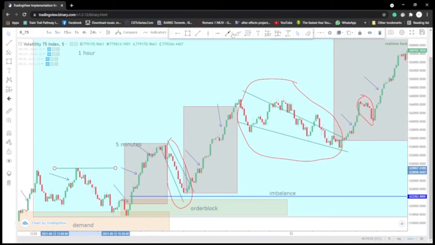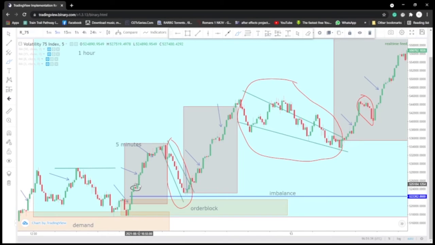Some of you would take this one. Yeah, sometimes, but I wouldn't take that one. You know why? Because it never started a trend. This is what started a trend. Yes, it does qualify as an order block. On a higher time frame, you can use that as an order block, because on a higher time frame it will appear as one candle, but in fact it's 2 or 3 candles, not one.